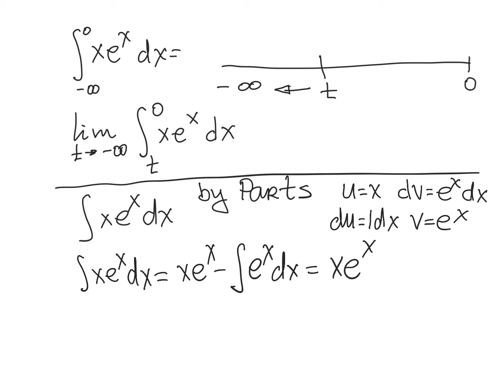This is x e to the x minus e to the x. We can factor e to the x out, and that leaves x minus 1 times e to the x as antiderivative, with constant being 0. We really don't need c.